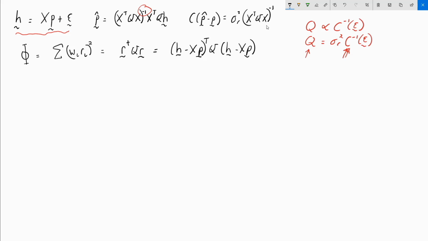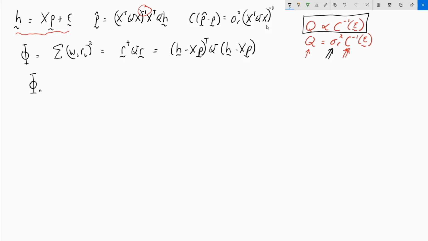Now, normally we do not know ahead of time what our fit will be. We don't know when we minimize the objective function what that final objective function will be. So we may have assumed that Q is proportional to the inverse of C epsilon. In practice, we don't know what this proportionality constant is. Fortunately, we can find out what that proportionality constant is after we've minimized the objective function.